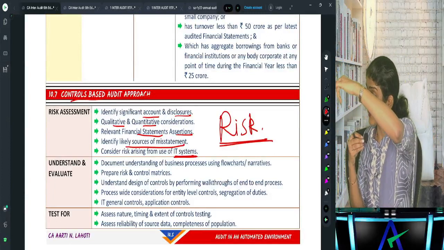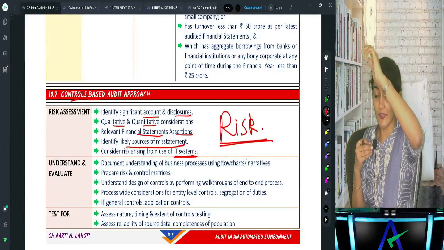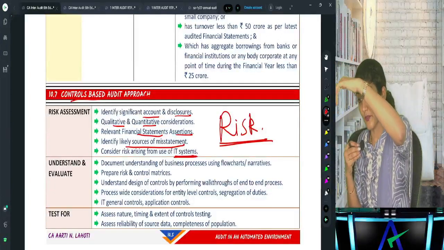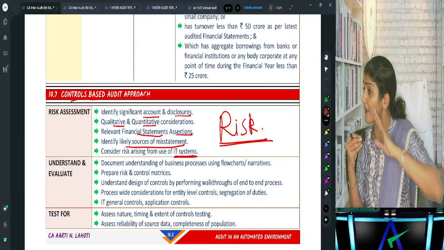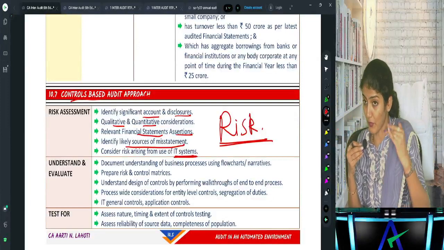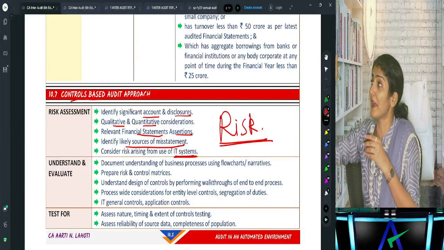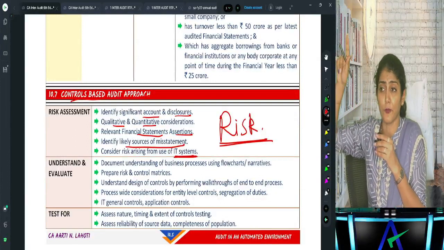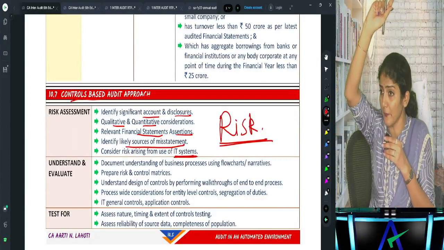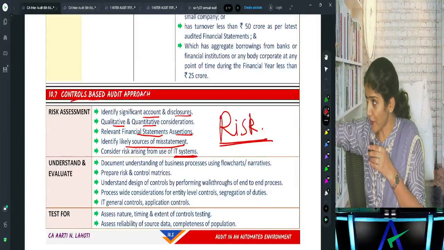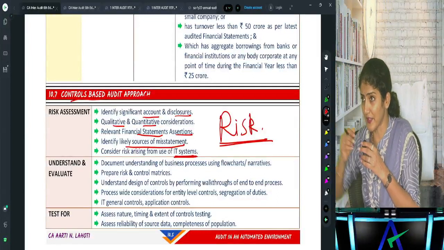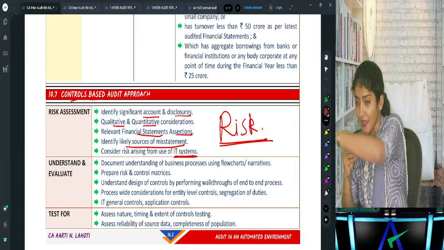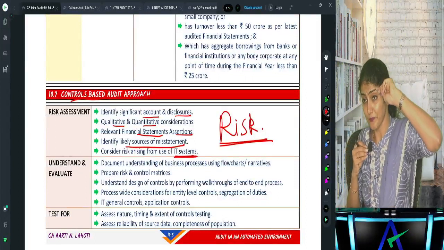Then the quantitative, qualitative consideration. Then the assertion. Then the likely sources of the misstatement and the risk arising from the use of the IT system. Okay. Now I come to know, okay, if I have to check depreciation, if I have to check revenue, I have to check the controls. If I want to check revenue, if I want to check depreciation, now what I found out, okay, there is a risk, and now for that I'll have to check the control.